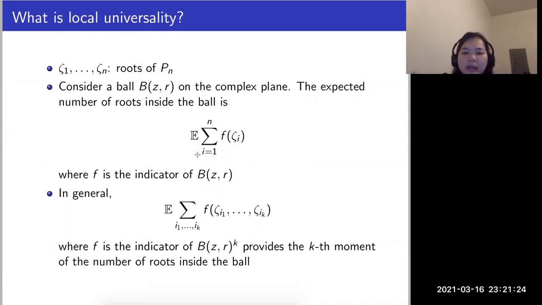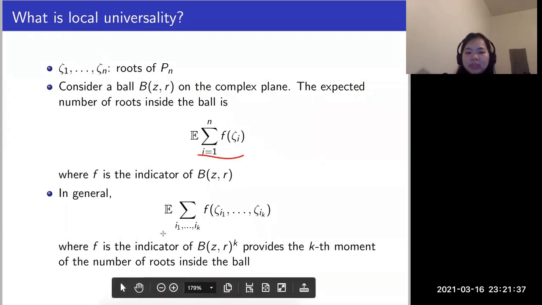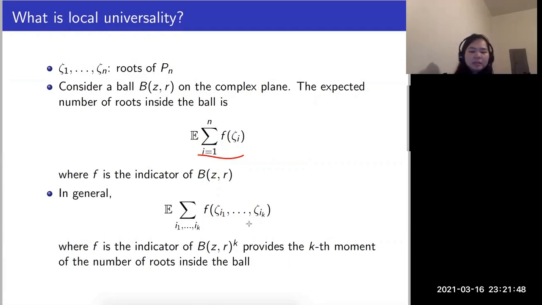The number of roots inside a ball is just the sum of f(ζ_i), where f is the indicator of the ball. In general, we would be interested in a statistic like this, the expectation of the sum of f of a combination of these ζ_i's, where f is a smooth function.